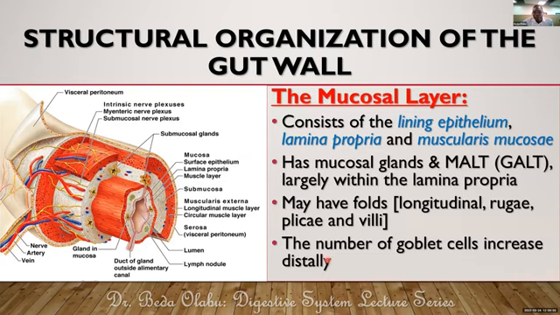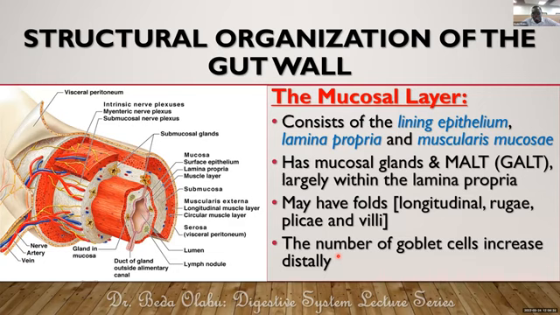The mucosal lining, and specifically the epithelial lining, usually has goblet cells. The purpose of the goblet cells is just to produce mucus, which is a lubricant. The number of goblet cells increases as you go down, and you can take the journey from the stomach going downwards.